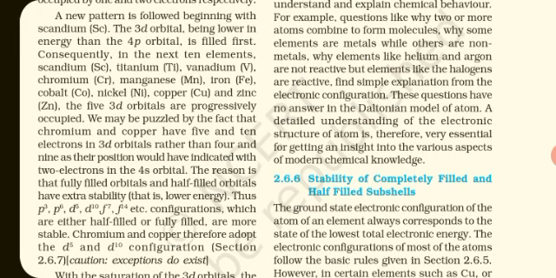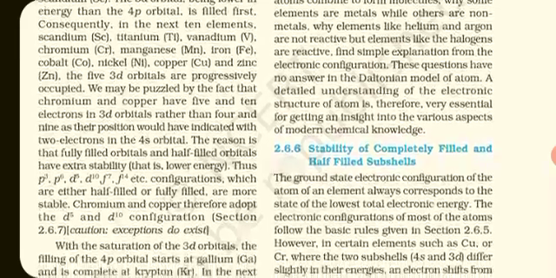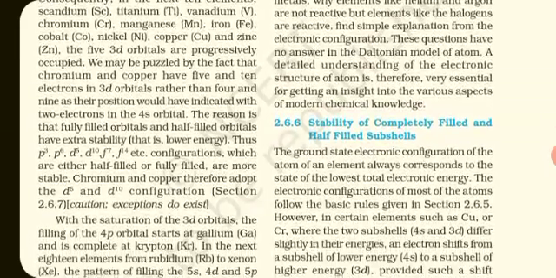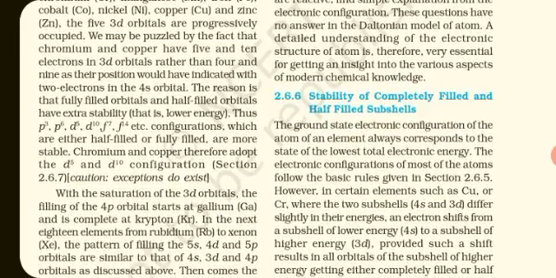We may be puzzled by the fact that chromium and copper have 5 and 10 electrons in the 3d orbital rather than 4 and 9, as their position would have indicated with 2 electrons in the 4s orbital. The reason is that fully filled orbitals and half filled orbitals have extra stability, that is, lower energy.